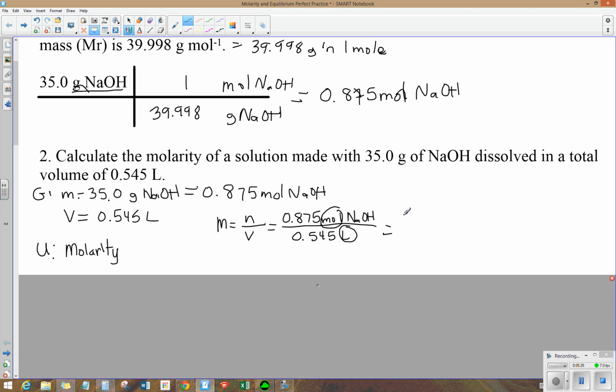So we're looking at 1.61 moles per liter. The negative one there means the per, so the liters are going to go on bottom, and then we need our identity, so sodium hydroxide.